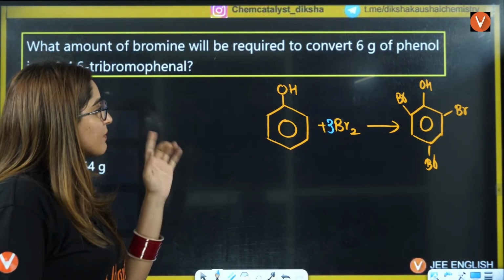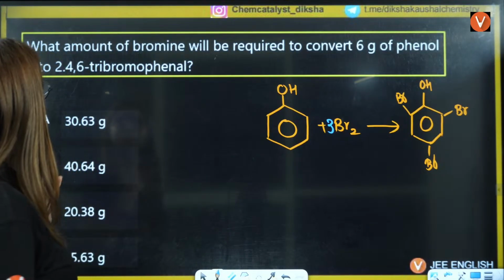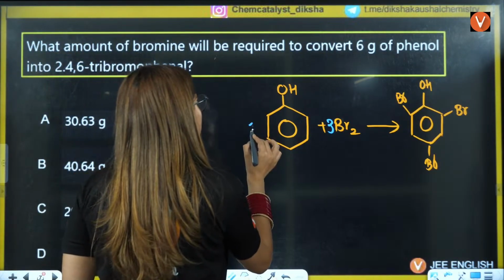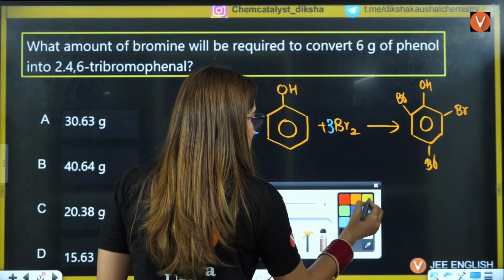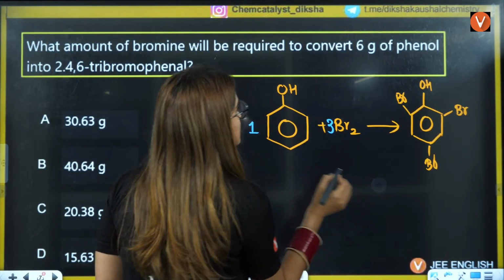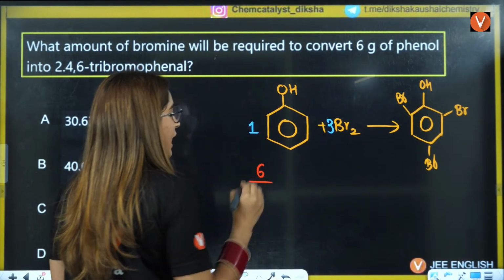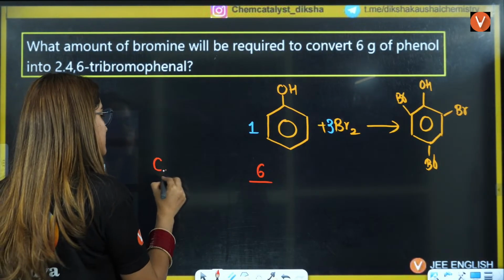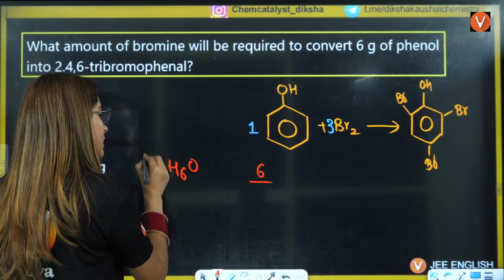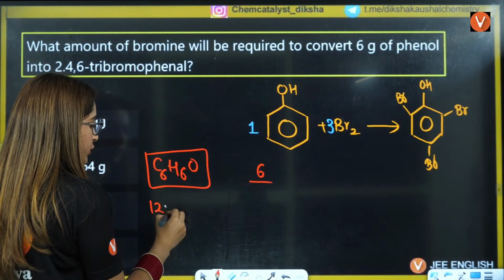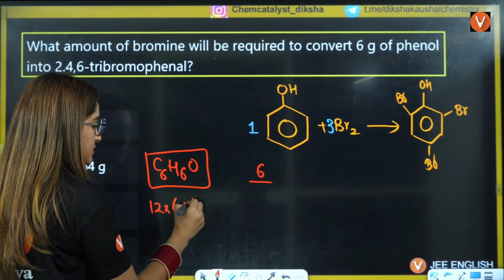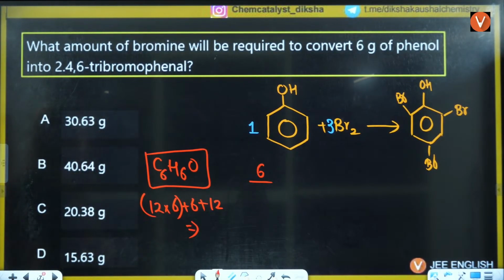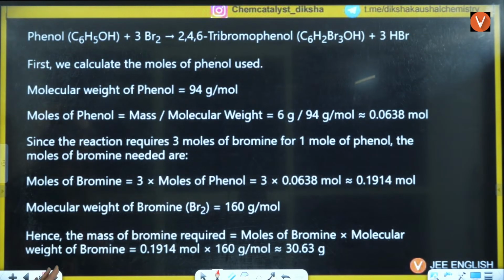So if we say what amount of bromine will be required for 6 gram of phenol, we know the number of moles of phenol. Firstly, let us see 6 gram. And what is the mass of phenol? This is C6H6O, that is 12 into 6 plus 6 plus 16, and it is going to be 94.